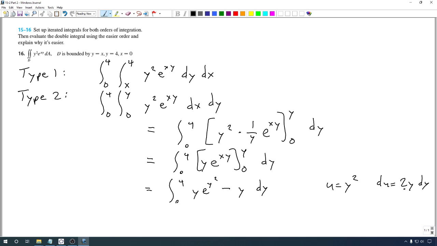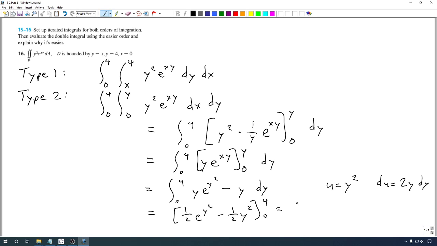And we end up just having to deal with an extra 1/2 in our formula. In fact, if you go through all the work of this, this turns into a 1/2 e to the y squared. Of course, the y that we have here just turns into 1/2 y squared. We're going to take that from 0 to 4.